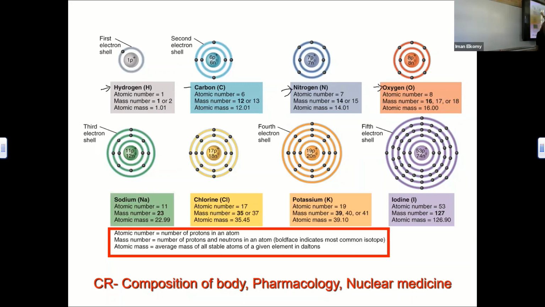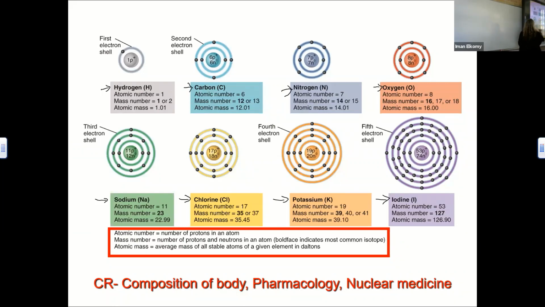We have our sodium, our chloride, our potassium, and our iodine. All of those are things that we find either as components of our tissues or our body or our cells or in our body fluids. All super important. Let's learn how to read these elements, okay?